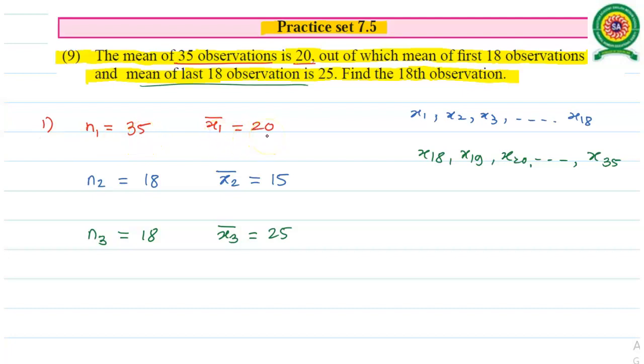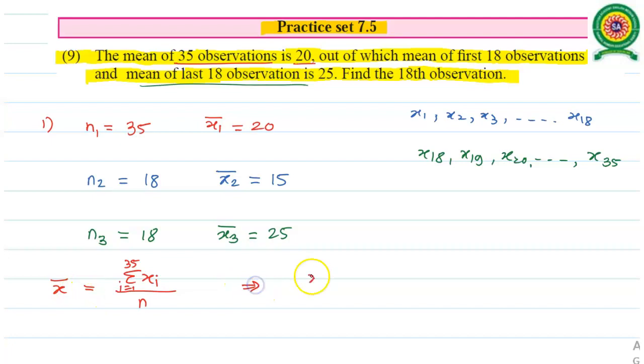So for the first case, the total number of observations is 35 and the mean is 20. As per the formula, x bar equals the sum of xi divided by the total number of observations, where i goes from 1 to 35 because the total observations are 35.